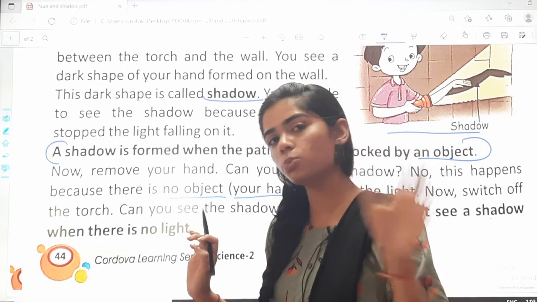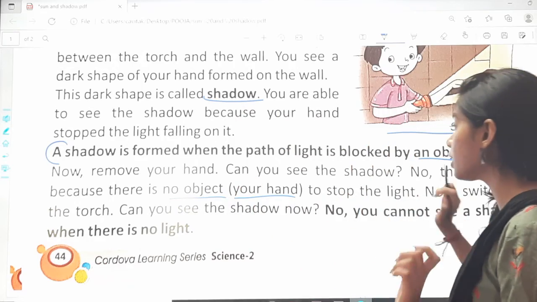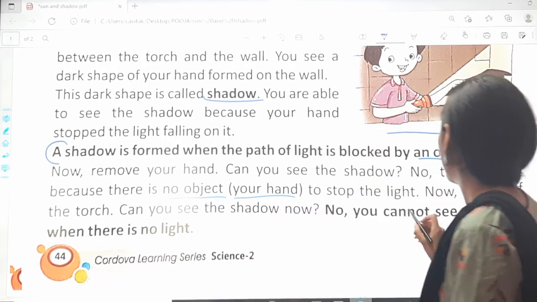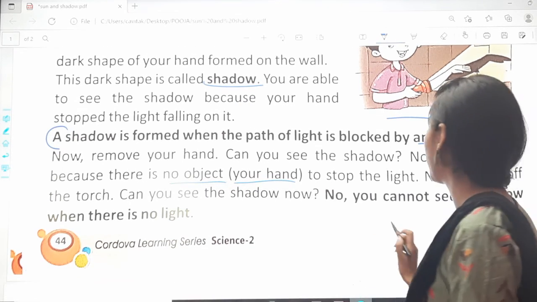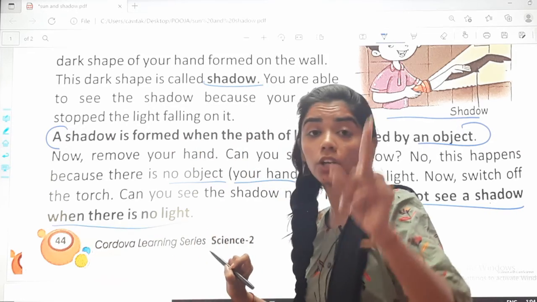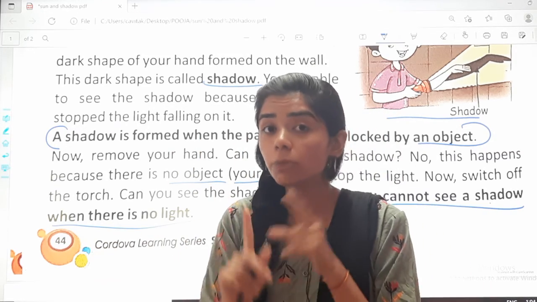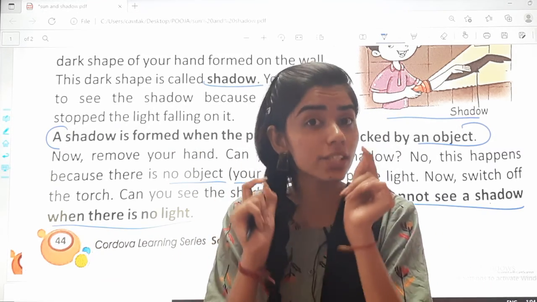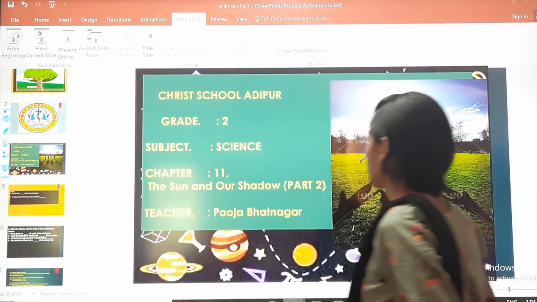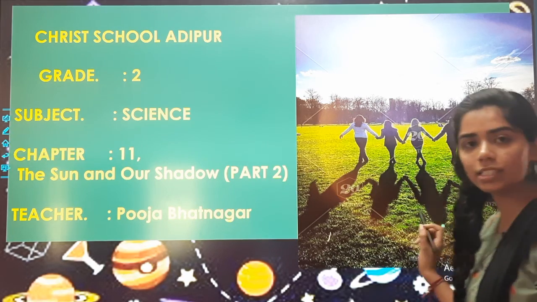Okay, now switch off the torch. Can you see the shadow now? No, you will not be able to see. You cannot see a shadow where there is no light. So what is proved? If you want to see shadow, there should be light over there. See, in this image also, these 4 girls are standing.